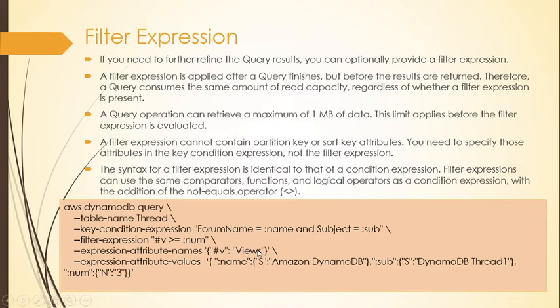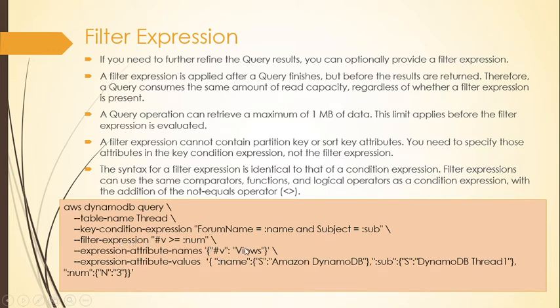So in the filter expression, I am passing the operator greater than or equal to, whose value is 3. Here Views is a DynamoDB reserved word, so I cannot use it directly in the filter expression. That's why I am using the placeholder #v, and I am providing my attribute name to that placeholder. In this way you can use the filter expression.